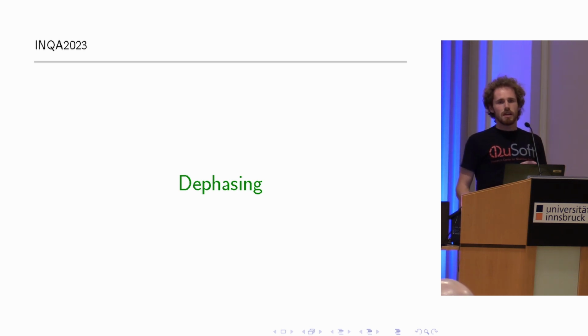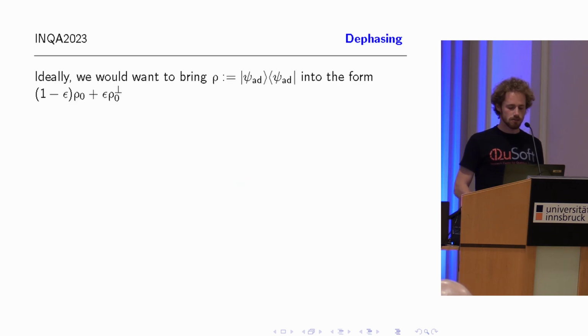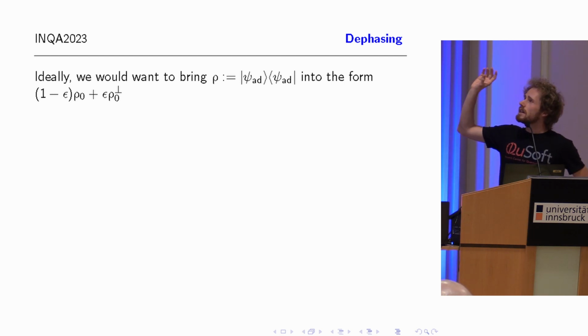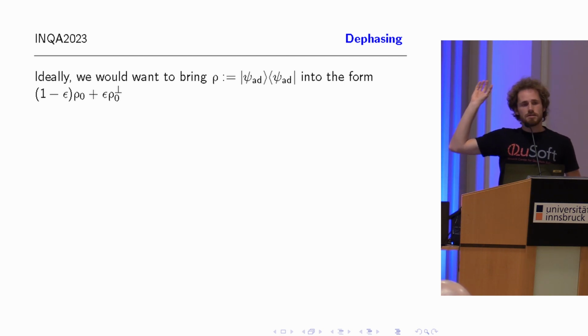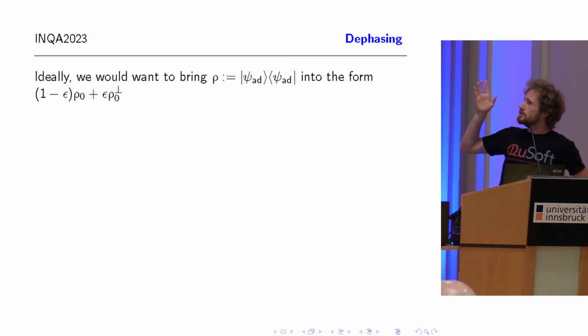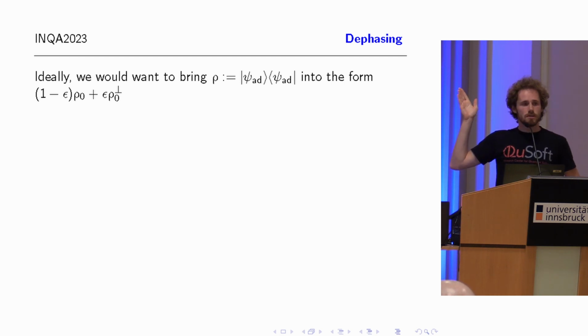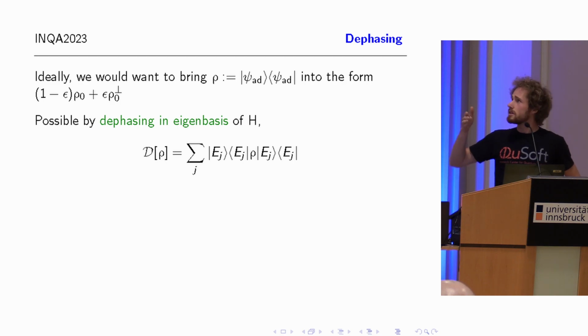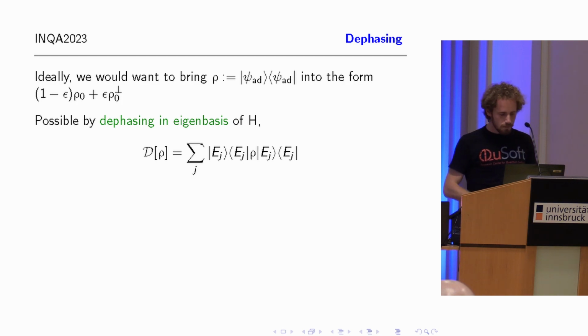So, summary and outlook. We have introduced this adiabatic echo verification protocol for mitigating non-adiabaticity in adiabatic quantum computing. It implements this circuit, which does a forward adiabatic sweep, then introduces this artificial noise, which we call dephasing, then a controlled version of the operator that we want to measure, another dephasing round, a backward sweep, and then a measurement at the end.